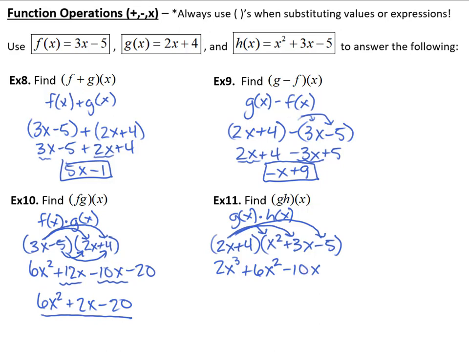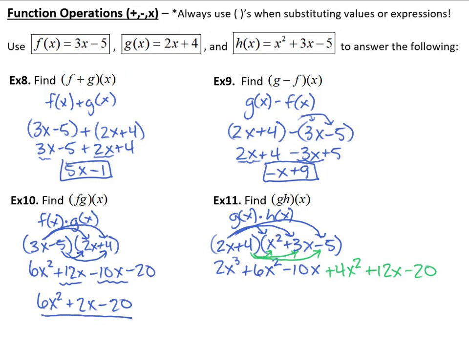Okay, I'll change colors. Maybe they'll make this a little easier. So we distributed the 2x to everything in the second set of parentheses. Now we're going to distribute our positive 4. 4 times x squared gives me positive 4x squared. 4 times 3x gives us positive 12x. And 4 times negative 5 gives us negative 20.